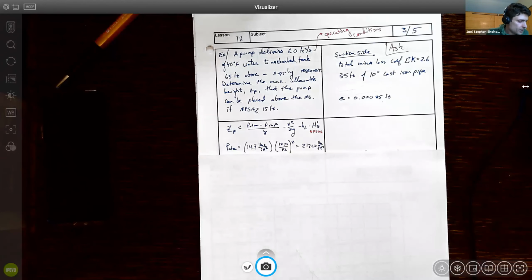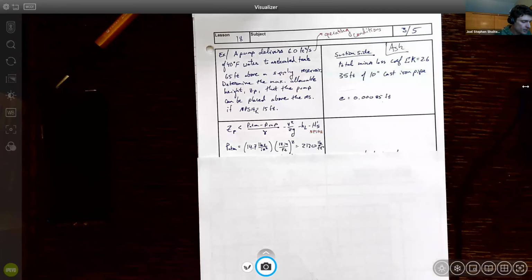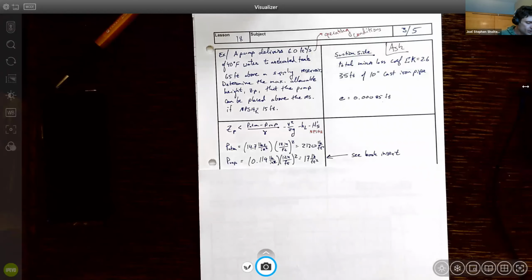Okay, so here's our atmospheric pressure, and I think we're just doing standard conditions here. So that ends up being 2,120 pounds per foot squared. Our vapor pressure, we go to the book, and let me grab that real quick. There we go.